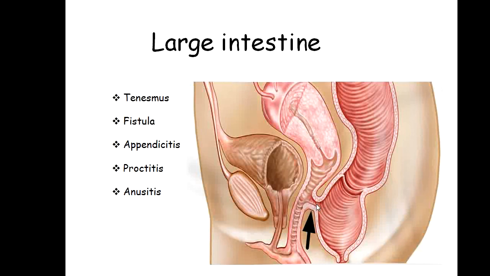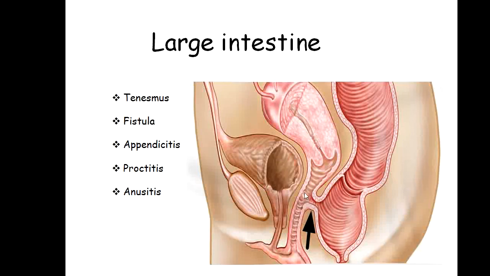When the connection takes place, this connection is called vaginorectal fistula, or you can simply call it fistula. This can also happen between the male urethra and the rectum, but that is very rare.